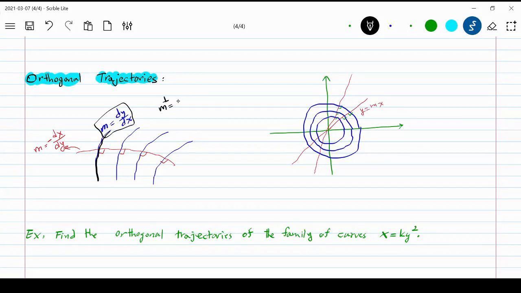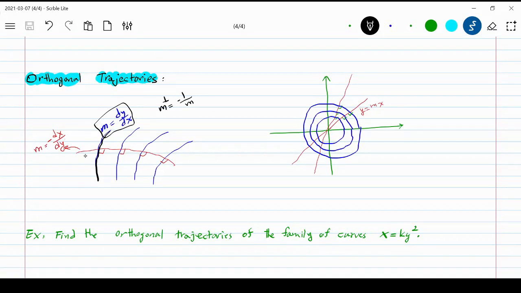This means m orthogonal is the same as -1 divided by the original m, because the product of the slope of the orthogonal curve and the slope of the original curve must be -1. You know, two lines are orthogonal if the product of their slopes equals -1, or one is the negative of the reciprocal of the other.